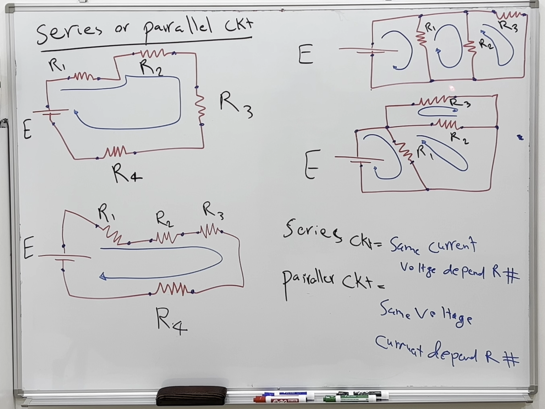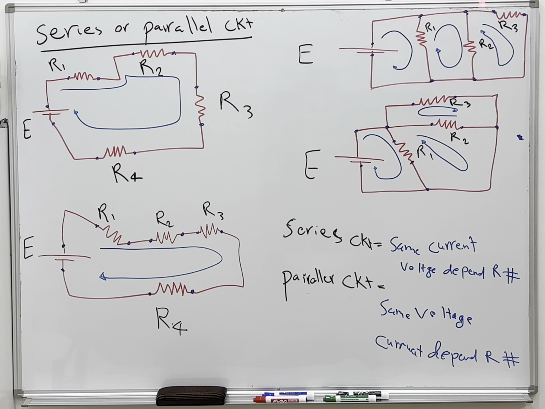If you look at this line, it's common between R1, R2, and the source. And also we can go here, and it's the same for R3. So this terminal is shared with R3, R2, R1, and the source. This terminal is shared with R3 at the other points, R2 at the other points, R1 at the other points, and E at the other points.